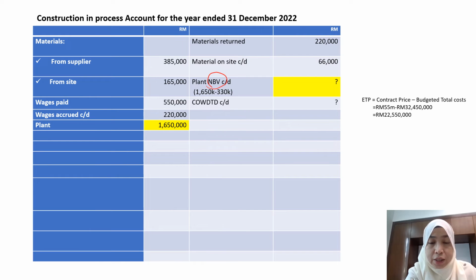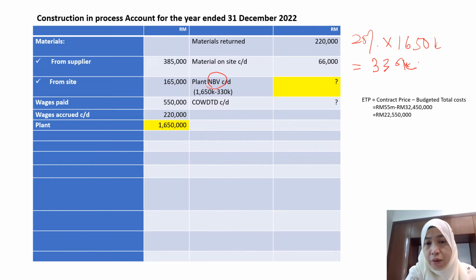Your depreciation expense you calculate based on 20%, information number 2, multiplied by cost 1,650,000. So you will get 330,000.